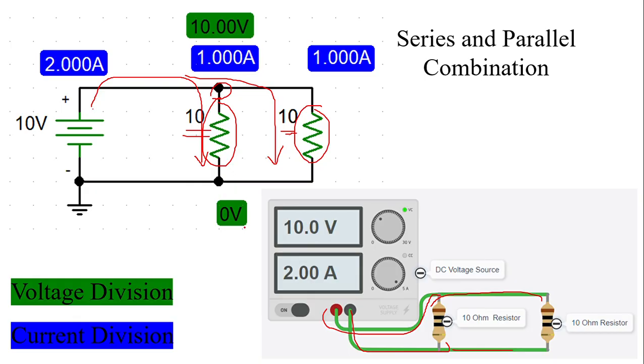So to remember, if two components are in parallel with each other, voltage will not get divided, whereas current will be divided. Current division is possible, voltage division is not possible.